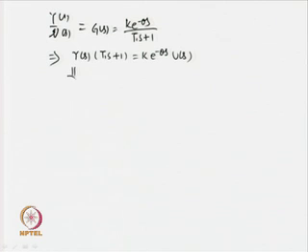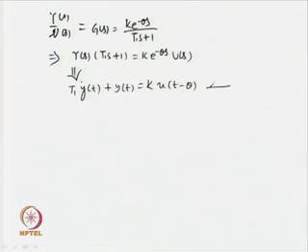So, taking inverse Laplace transform, it is possible to write the same expression in the form of T1 y dot(t) + y(t) = K u(t - θ). So, the type of input to the system is a delayed input.